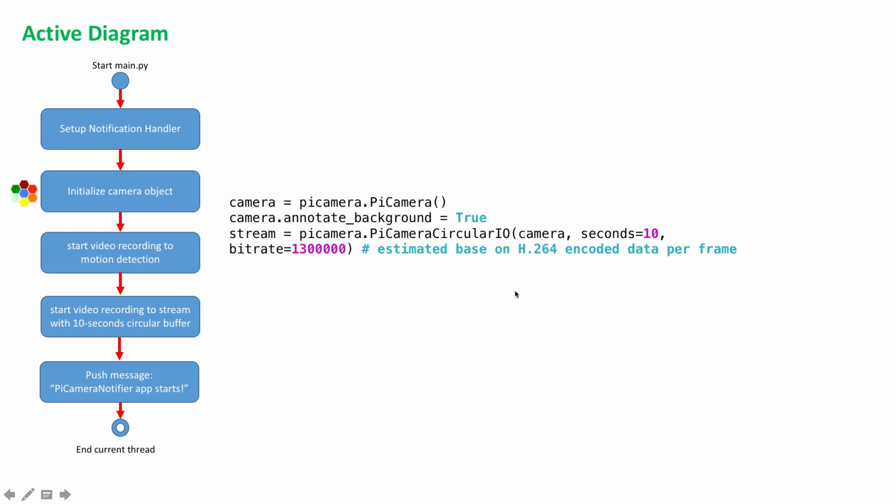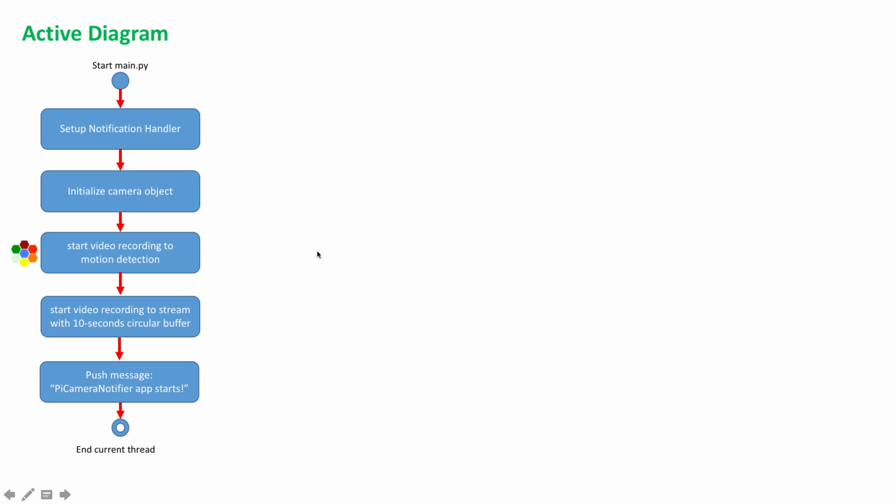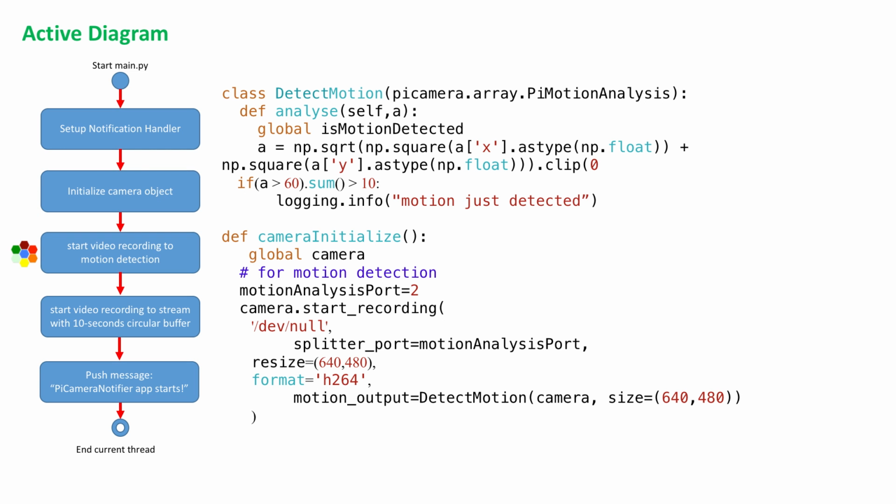Second, I initialize the camera object to detect motion and to record ahead into the circular buffer. The reason we need to record ahead is that we have no way to predict when something will happen, so we have to record in advance into the circular buffer. Now the camera object is available to record.